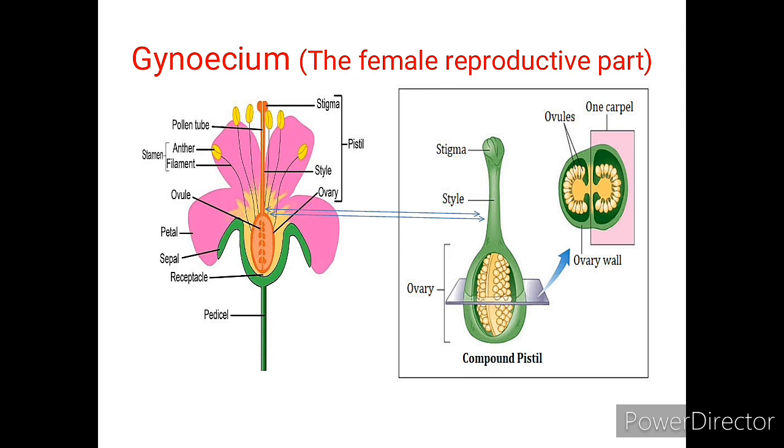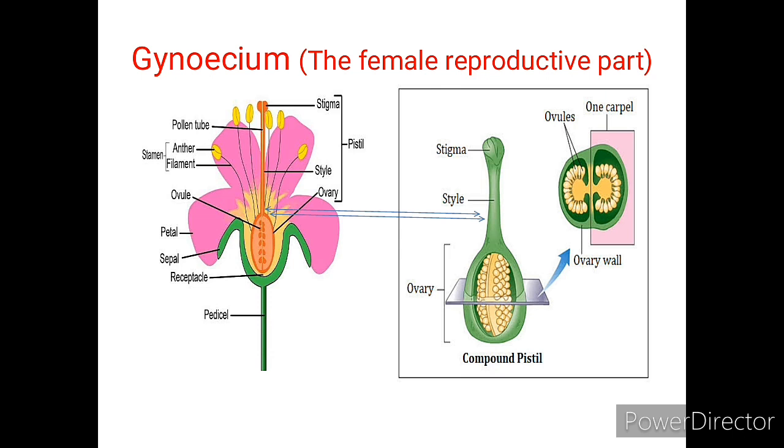Then at the top, a disc-like expanded part of the style is called the stigma. So what is the function of the stigma? It collects pollen grains.